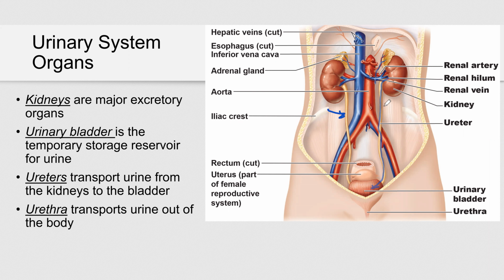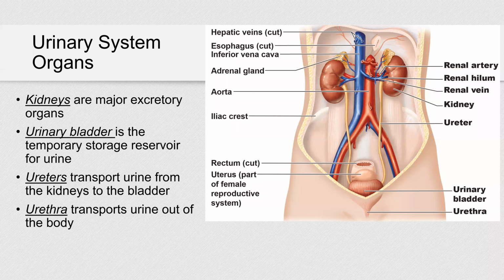So we have two tubes, right and left ureter, and they transport urine from the kidney to the bladder. Urinary bladder is a temporary storage for urine, and then you remove urine through the urethra outside of the body, right? So those are our major organs.